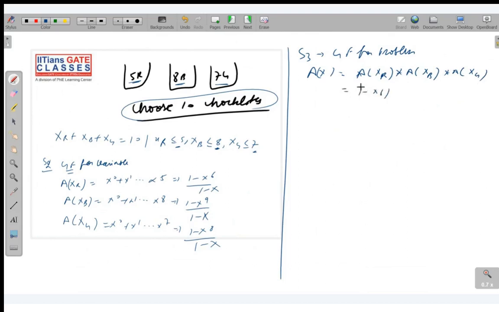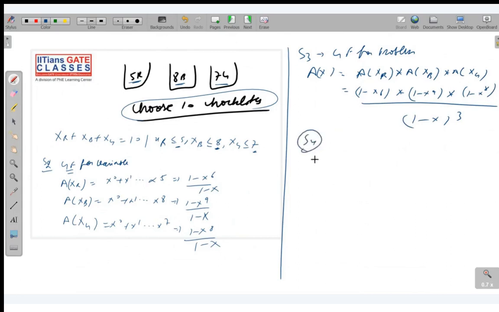So (1 minus x power 6) multiplied by (1 minus x power 9) multiplied by (1 minus x power 8), divided by (1 minus x) whole cube, since it is 1 minus x three times.